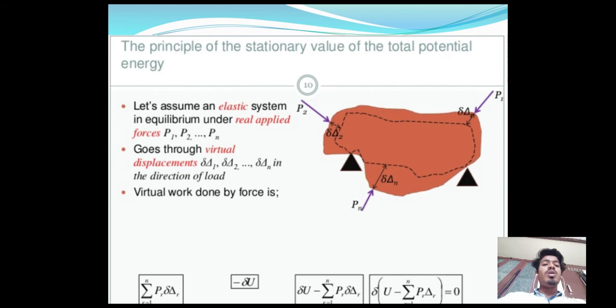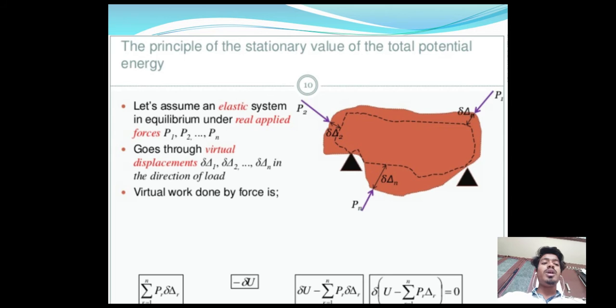The principle of the stationary value of the total potential energy. Let us assume here we are calculating the potential energy of an elastic system. So let's assume an elastic system in equilibrium under real applied forces P1, P2 and Pn goes through virtual displacement.